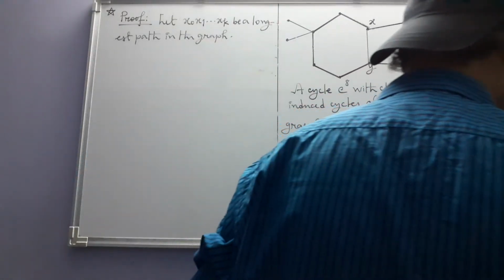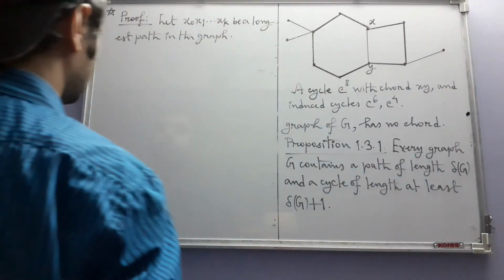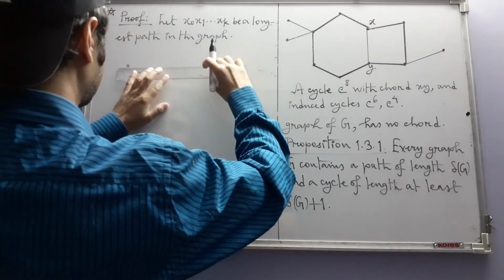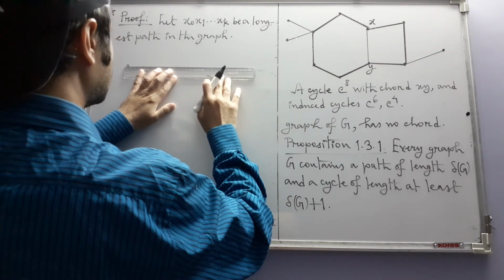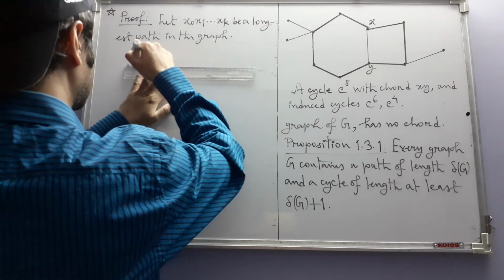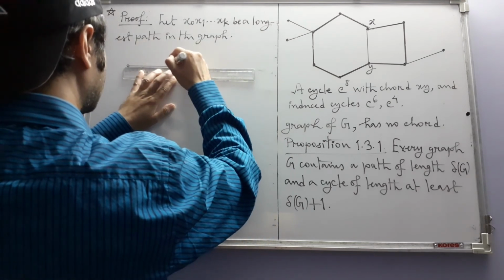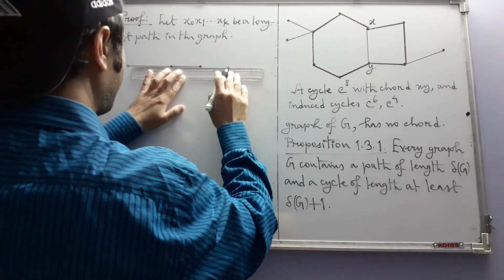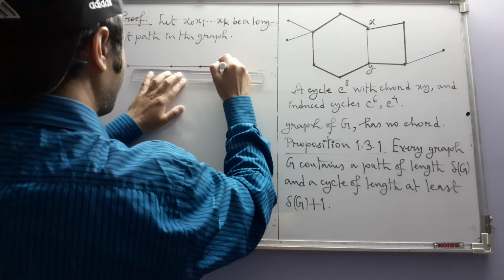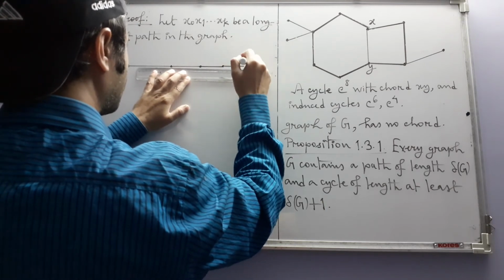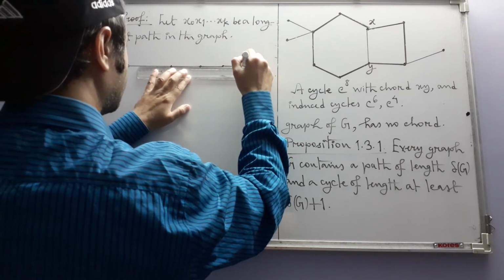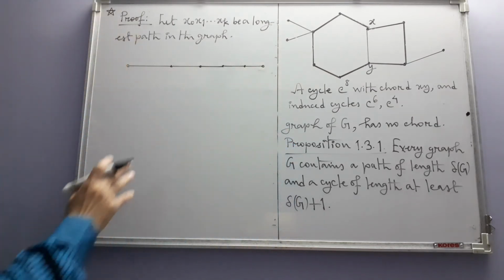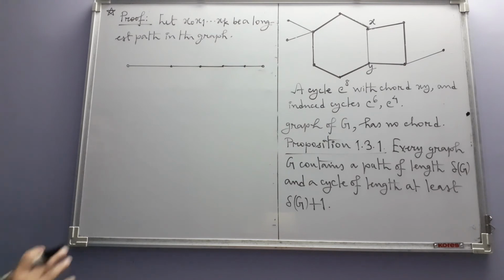Okay, let us now draw it. We are actually drawing only a few vertices, but you have to understand that there are others in between.